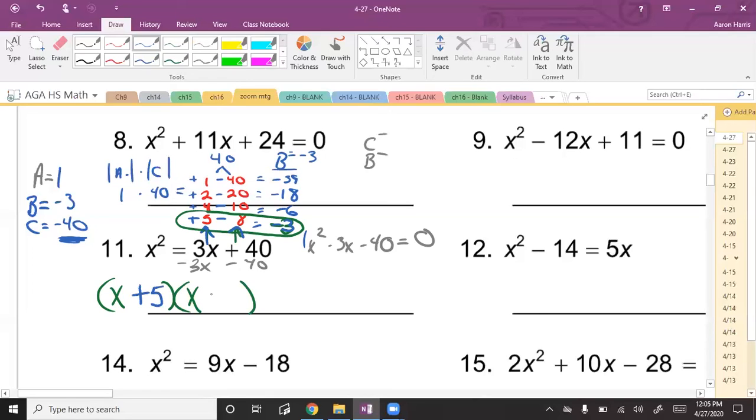What do I put in the other one? Minus 8. This was all equal to what? 0. So now if I want to find the zeros, what do I do? You would distribute them. Nope. If I distribute, I'm going to get this back. Oh, you're right. I don't want to distribute. I already factored it.